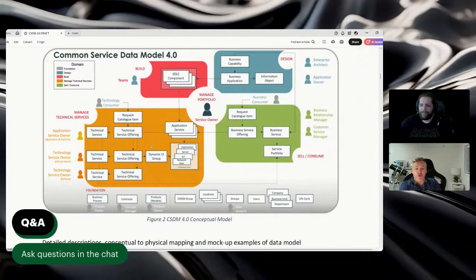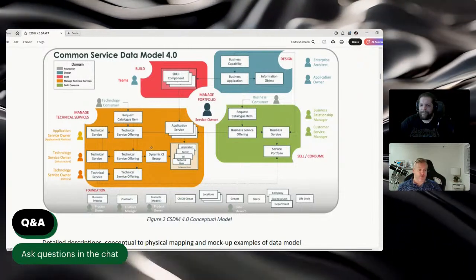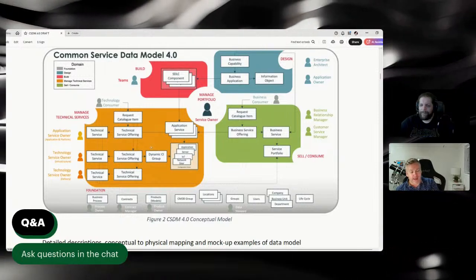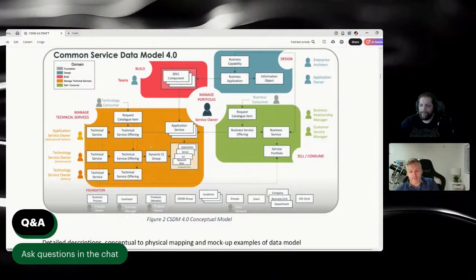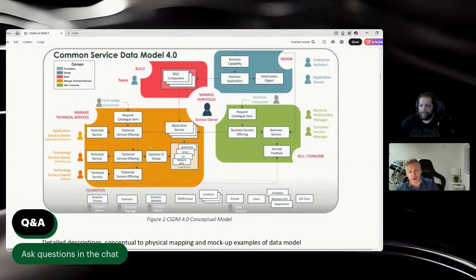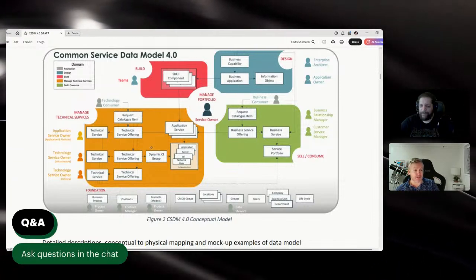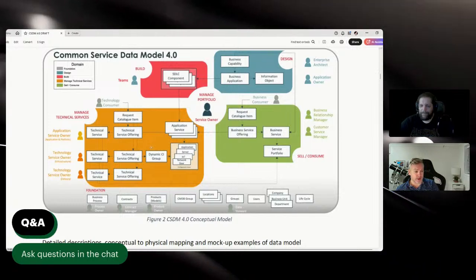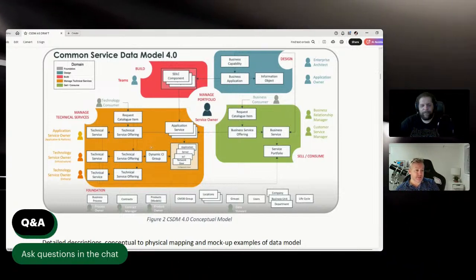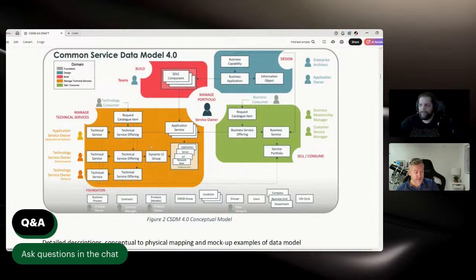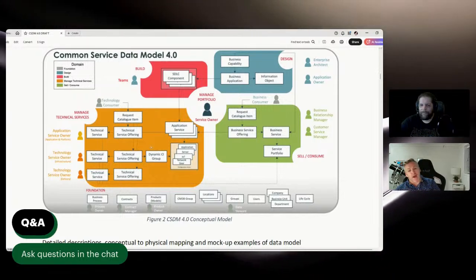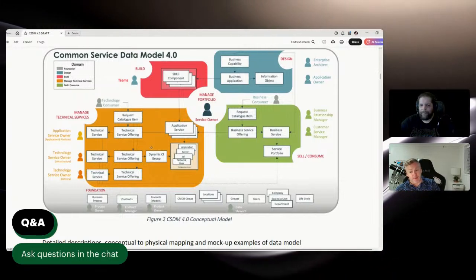But then in it as a first phase, and then as a second phase, we might get more into it, where maybe a technical service for applications, like business apps, and then having a service offering that depends on an application service.